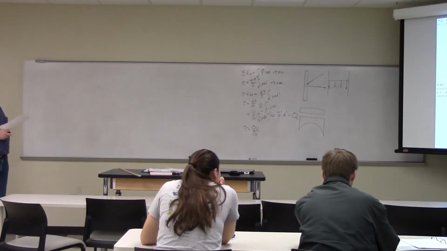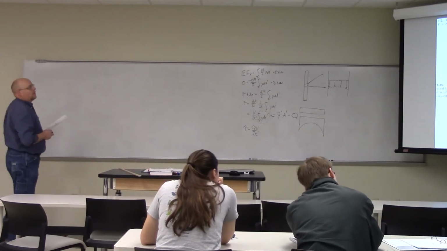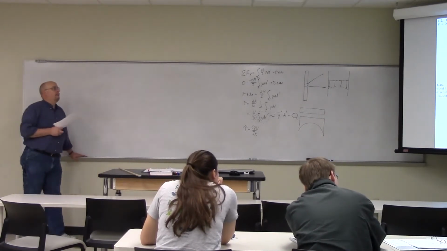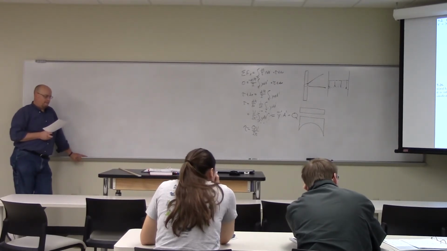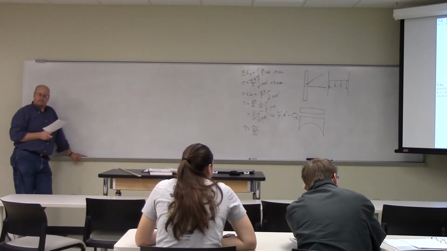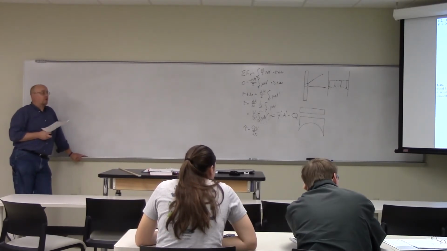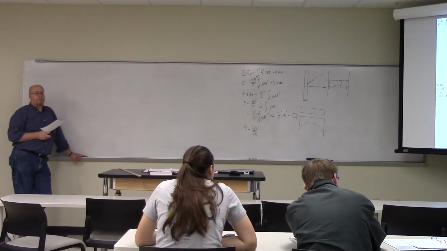Okay, so we're going to find the maximum shear stress in that beam. What are we going to do? First of all, where's the maximum shear stress going to be? At the neutral axis, which is where on this diagram? Right, in the very center.